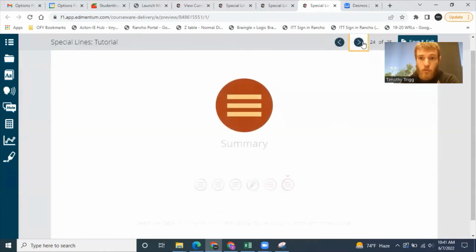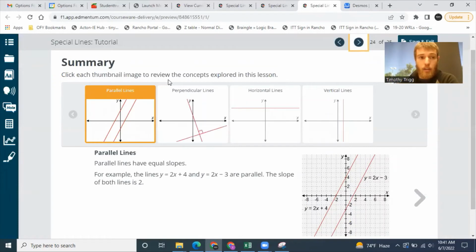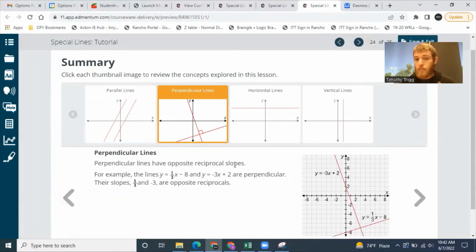Well, that's it for the tutorial. Let's go ahead and look on page 24. It gives you a couple of additional notes. Perhaps write these down if you're not sure about them. Remember, parallel lines do not touch each other, and the equations of parallel lines have the same slope. Perpendicular lines do cross each other, specifically at a 90-degree angle, a right angle, and the slopes of perpendicular lines are opposite reciprocals.